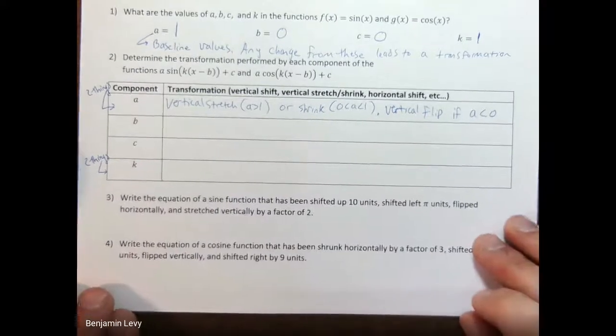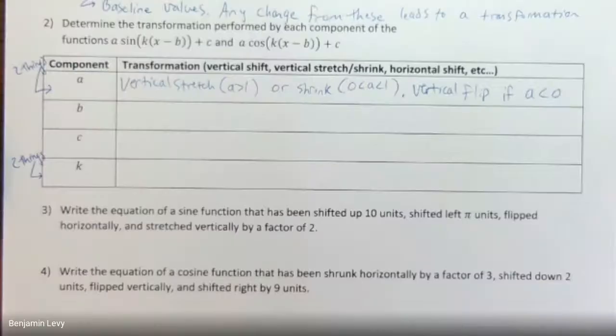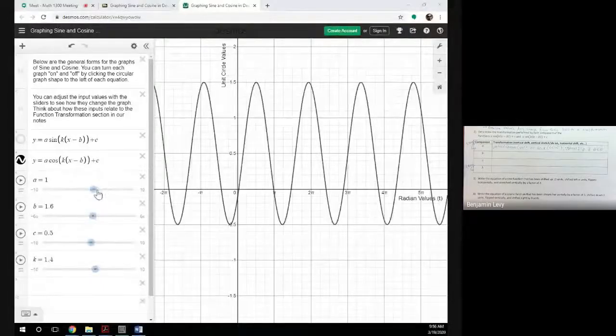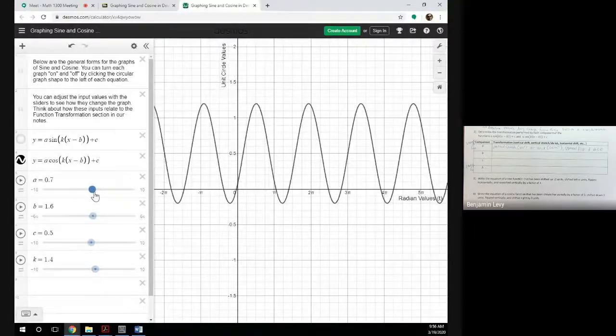Okay, so what you should have seen from when you practiced this yourself, assuming you did, I really hope you did, is you should be able to see that A does vertical stretching and shrinking, and it flips it if it's negative, we already said that.